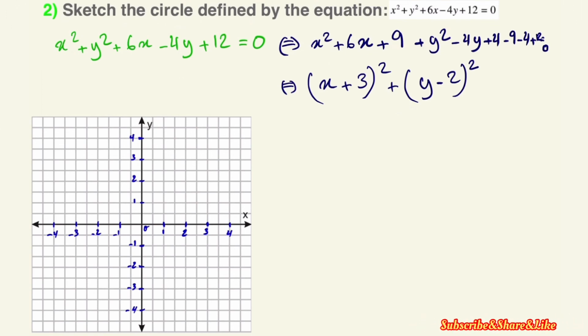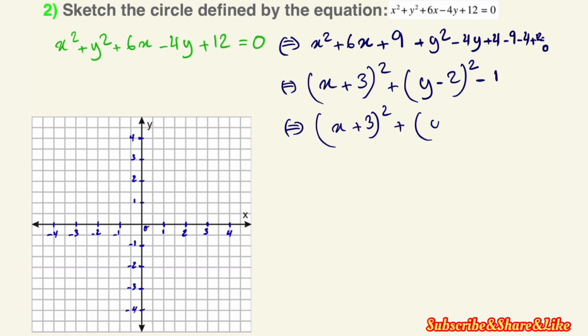We have 12, and we have negative 4 and negative 9, so negative 13 plus 12 is just negative 1. So we move the 1 to the other side, and we will have x plus 3 squared plus y minus 2 squared equal to 1. And 1, we can write as 1 squared, which is just 1.